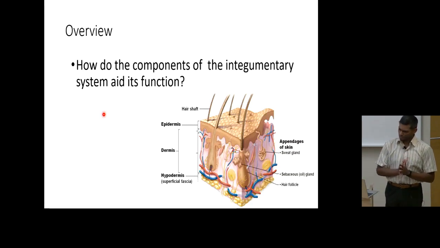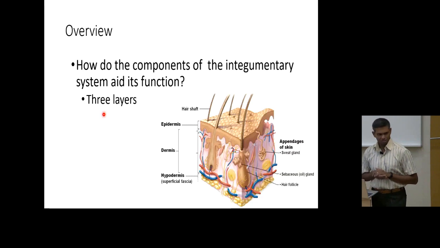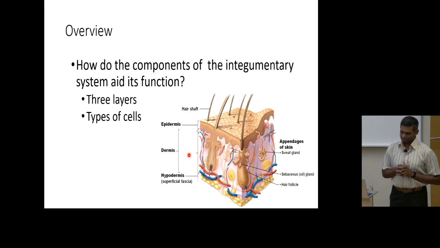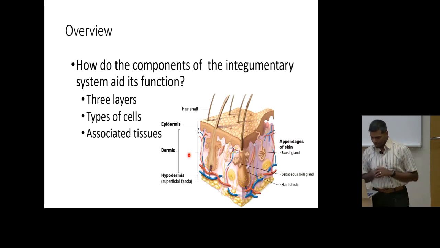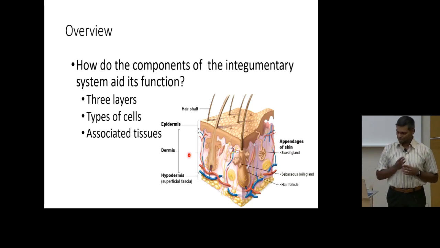So when you consider the components of the integumentary system, you're going to start by looking at the three layers which you will observe. The first is the epidermis, and deeper to that you have the dermis, and then below that you have the hypodermis. And each of these layers will have different types of cells. And because the integumentary system is an organ system, it's going to have all the four types of the major tissues which you talked about.